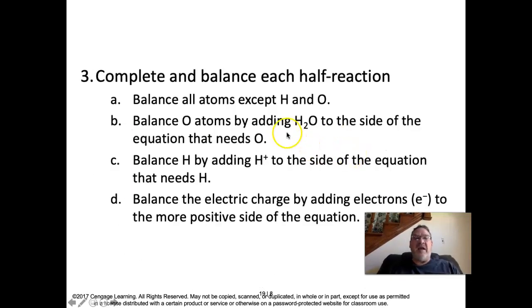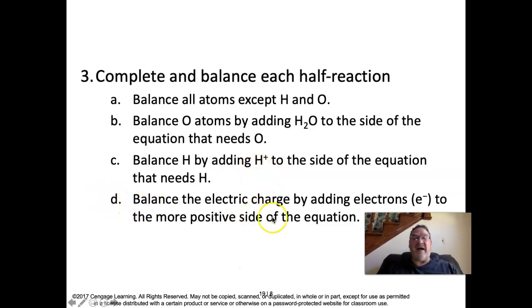Okay, here are the steps. Everything starts by balancing all the atoms except for these two, the hydrogen and the oxygen. Once you have all the atoms balanced, and this typically is the one mistake that students make, they all forget about balancing all the atoms. Then we balance the oxygens, and you can see the step. We add water to the side that needs the oxygens. We do the same thing with the hydrogens, but now we add the hydrogen ion.